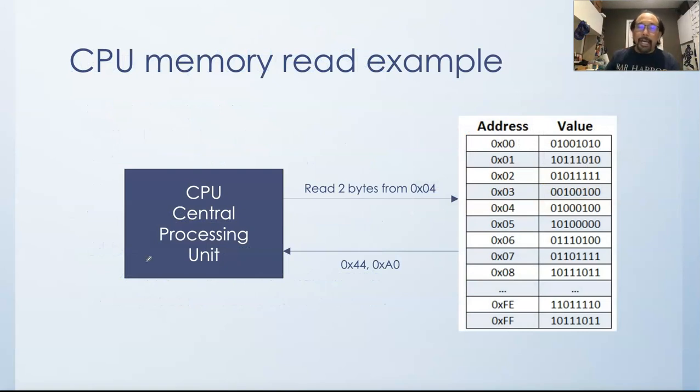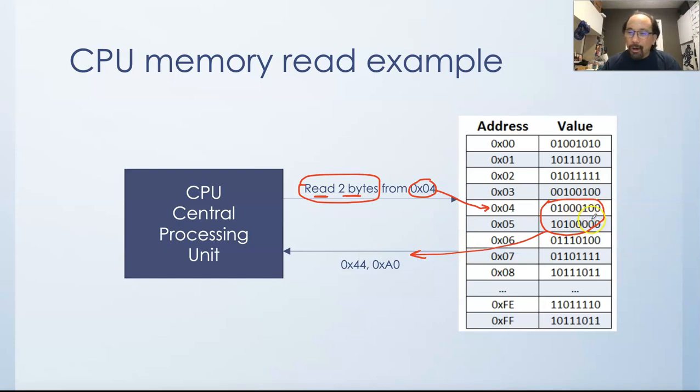Okay, so let's look at some examples of how a CPU would read and write. When a CPU wants to get information from main memory, it sends a command. It says, I want to read. It tells you how much it wants to read, and from where it wants to read. So I want to get it from this particular address. I want to get 2 bytes in this case, and I want to send it back to the CPU.